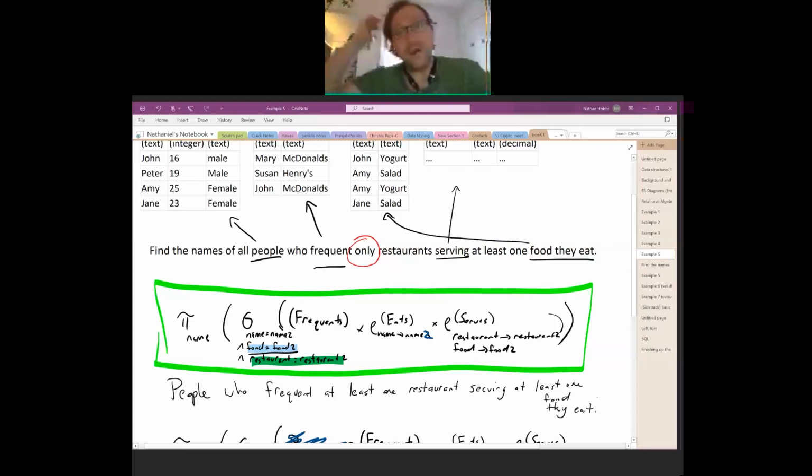Okay. So there's a difference between these two statements. People who frequent at least one restaurant serving at least one food that they eat, and people who frequent only restaurants serving at least one food that they eat.